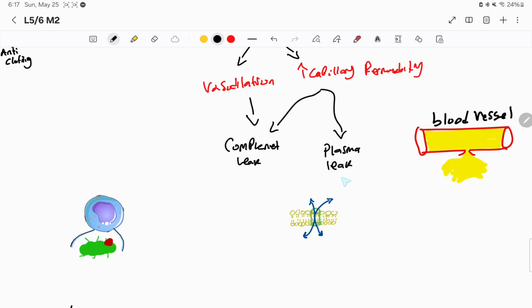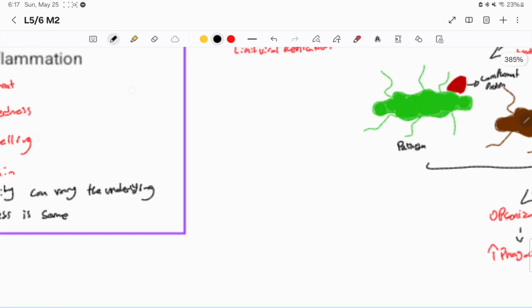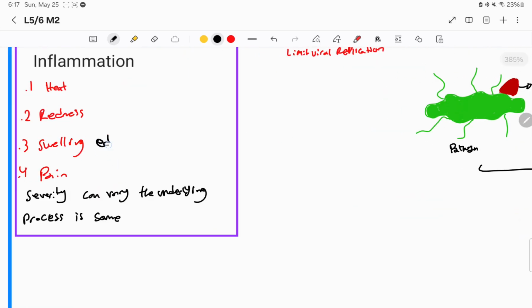Now, this plasma leak will lead to something called a localized edema. This is what causes the symptom of swelling. Edema is due to plasma leak. The redness and the heat are due to the vasodilation. Because remember I said blood is responsible for temperature regulation, and the blood is also red. This is why.